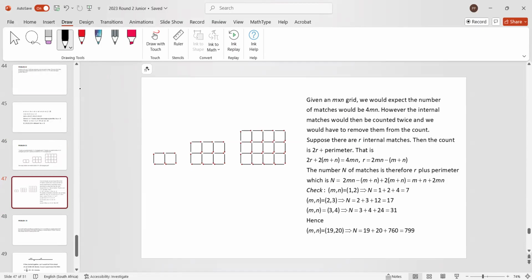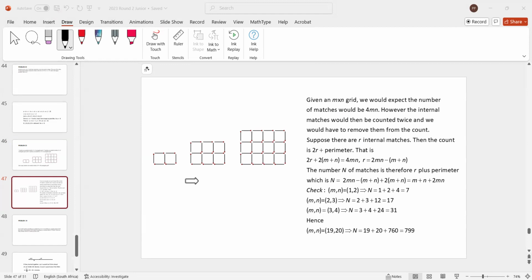I think it works for the formula that we have, which is 2mn minus m plus n. So that seems to be working. So here the formula is 2mn minus m plus n.